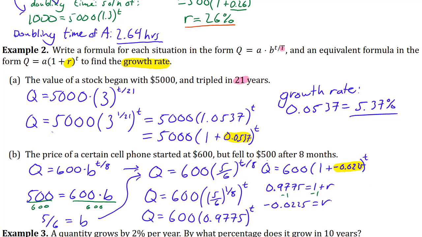You probably want to think of this as a percentage. Like what percent is it going down each month? So you move the decimal place over 2 spots to become negative 2.25%. And so that is the decay rate.